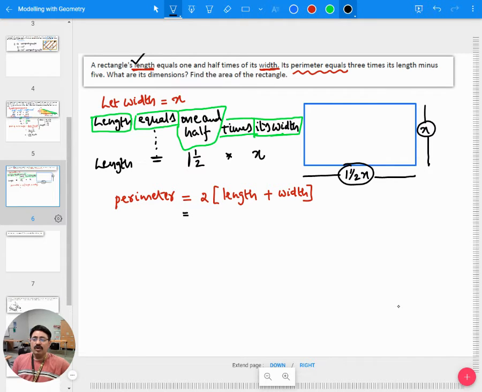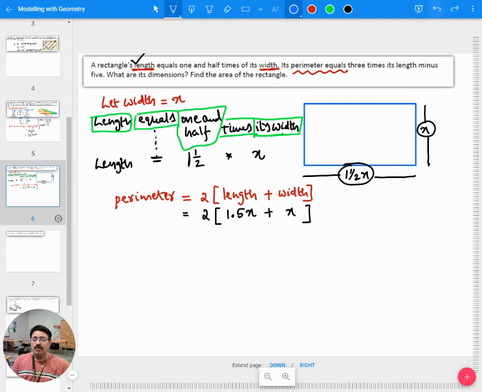Here, 2 times what is the length? 1.5x, right? If you are comfortable, you may take decimals. And what is the width? It is x. Please remember, if there is no coefficient, you may take it as 1. That helps you a lot.